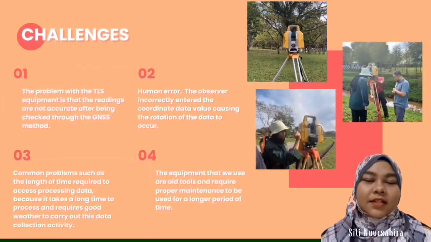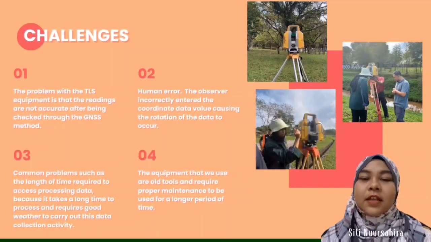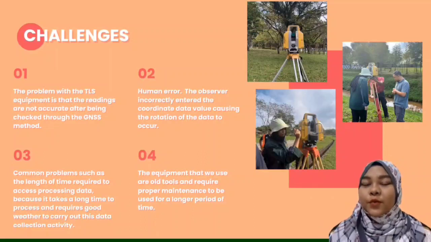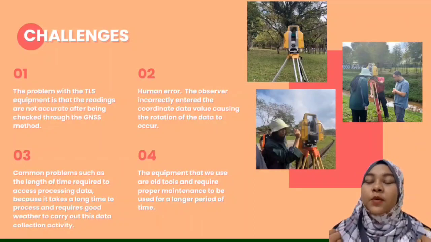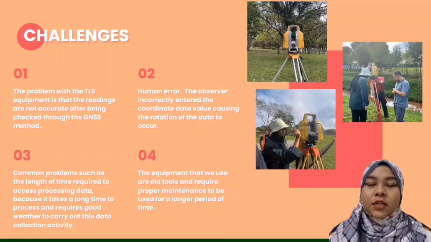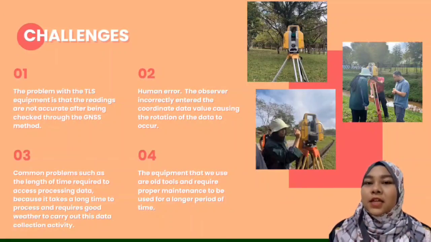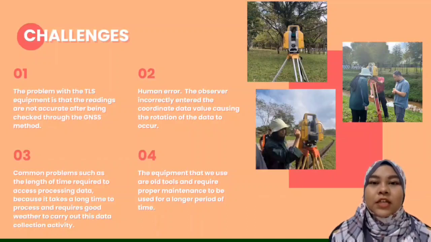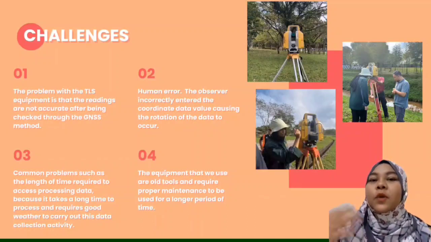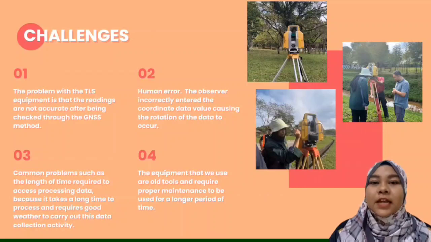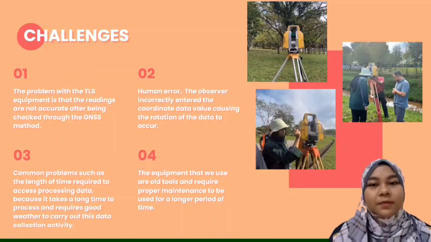Next, there are obstacles and some challenges we have faced in getting the result from the project work we are doing. The first is that when we carried out the data collection process, there was a problem in the coordinate part, that is, the coordinate value in the TLS tool was far different from the coordinate data taken with GPS. After that, the device was already damaged and could not be used.